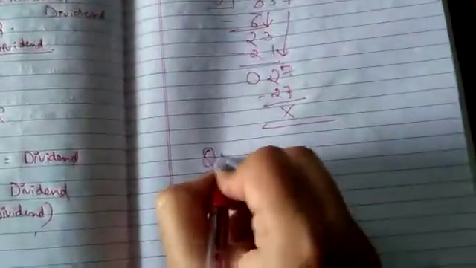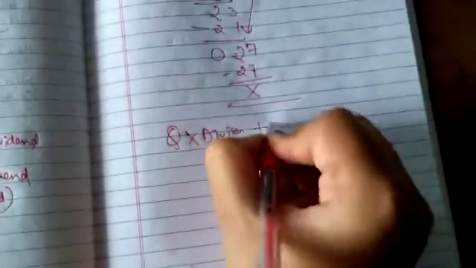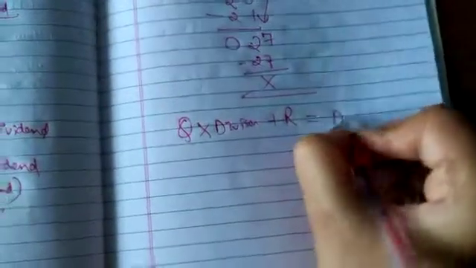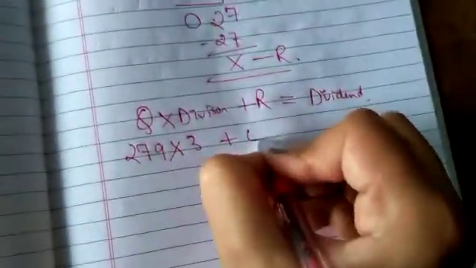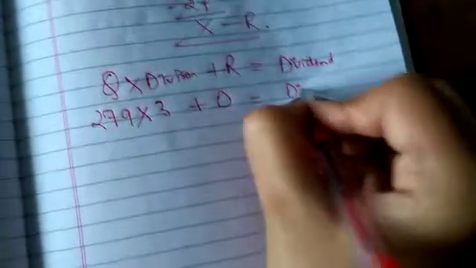Again we will put this in the formula. Quotient into divisor plus remainder will be equal to dividend. Our quotient is 279 and 0 is our remainder. So quotient 279 into divisor 3 plus remainder 0 will be equal to dividend.